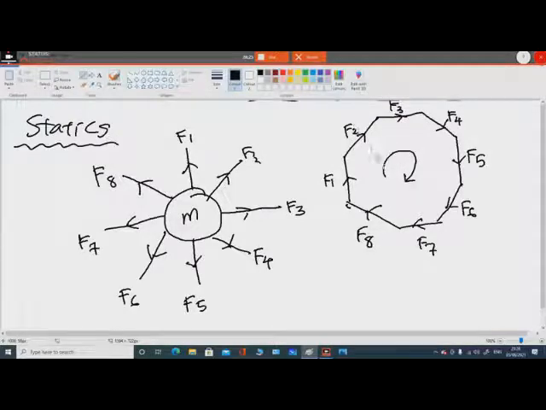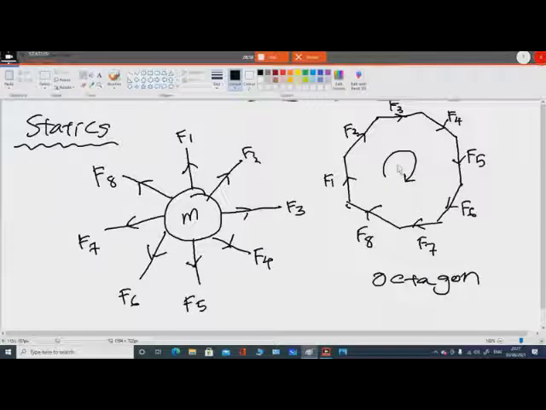So this vector diagram is represented as a polygon shape, which is an octagon. So these forces can be represented in terms of an octagon shape.